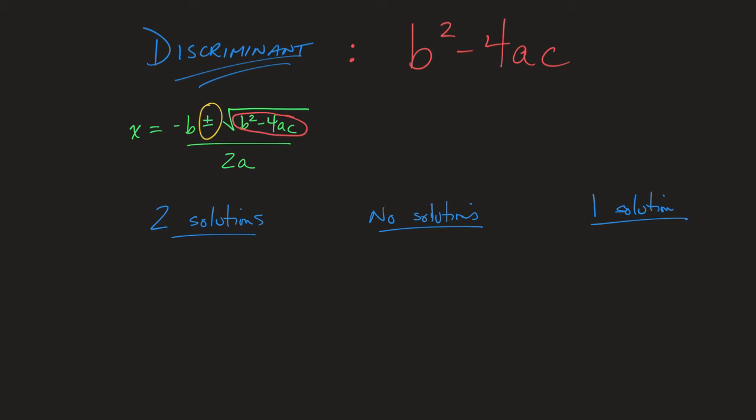Okay, let's zero in on that portion then. For us to get 2 solutions, that means the plus or minus has to be meaningful. It has to be effective. That means that I have to add or subtract a number that will cause a difference.